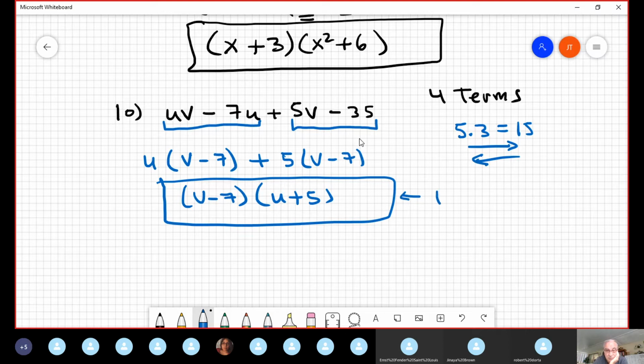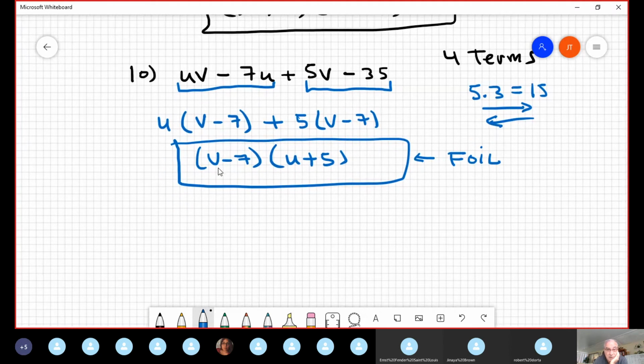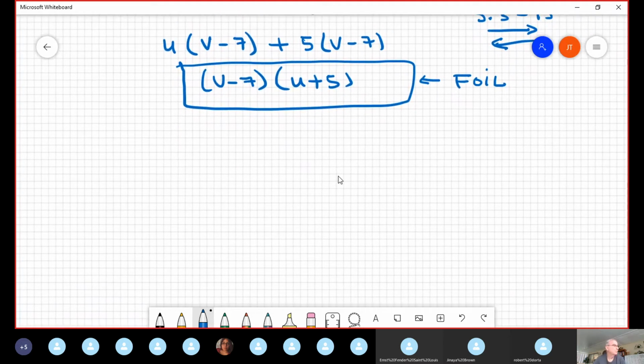I apply FOIL, the technique we always use to multiply binomials. So if you use FOIL, we come back here. B times U, UB. B times 5 is 5B. Negative 7 times U is negative 7U. And negative 7 times 5 is negative 35. And we come back to the original problem.